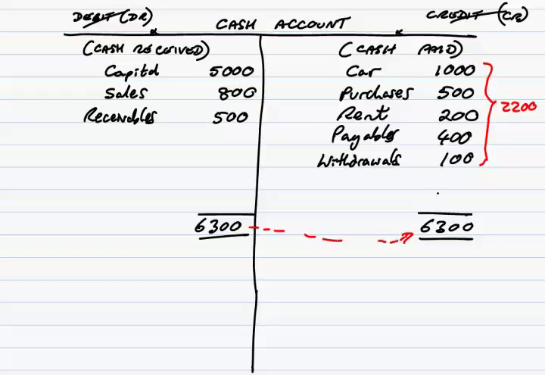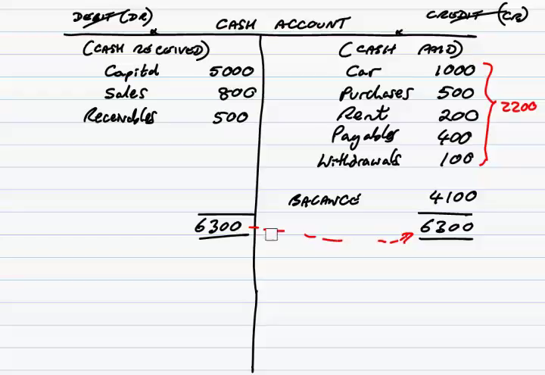We fill in the missing figure. The missing figure, 6,300 minus 2,200, is 4,100. And that missing figure is the balance on the account. That's how much we've got left. It's the total receipts of 6,300 less the total payments of 2,200. But the missing figure to make it add up is 4,100.